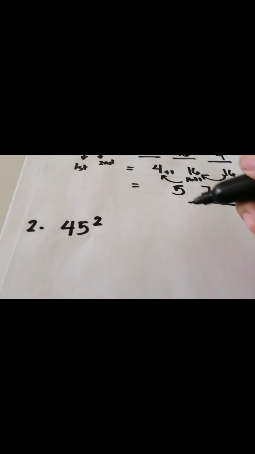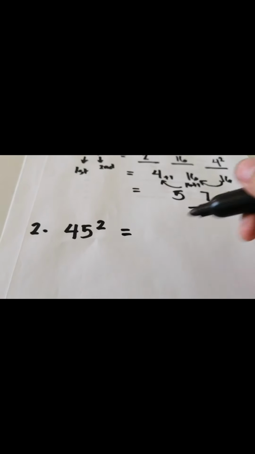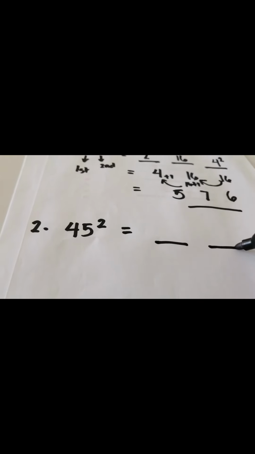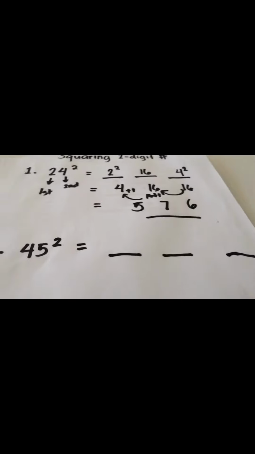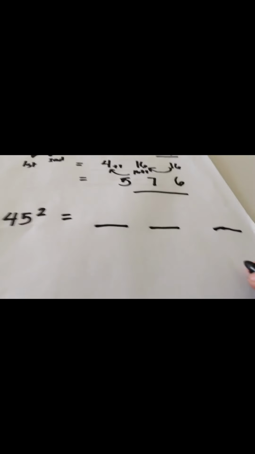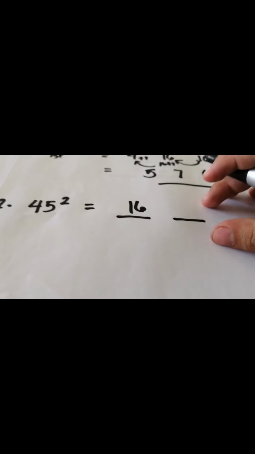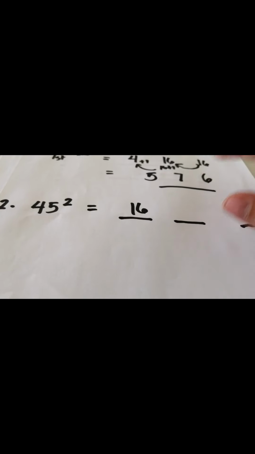Okay, let's have another example. We have 45. Let's do the process. First, create 3 spaces. The first space is the square of the first number, so 4 squared is 16. The second space is the product of 4 and 5 multiplied by 2.